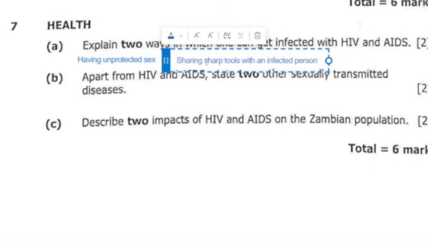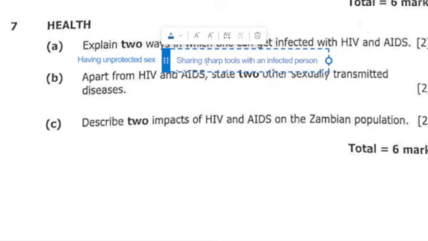Sometimes the blood cannot be visible to your eye, but it can be contaminated. That means if I give it to somebody who is not HIV positive and he uses the same razor blade, then he or she cuts himself or herself, that means that person is going to contract HIV or AIDS.